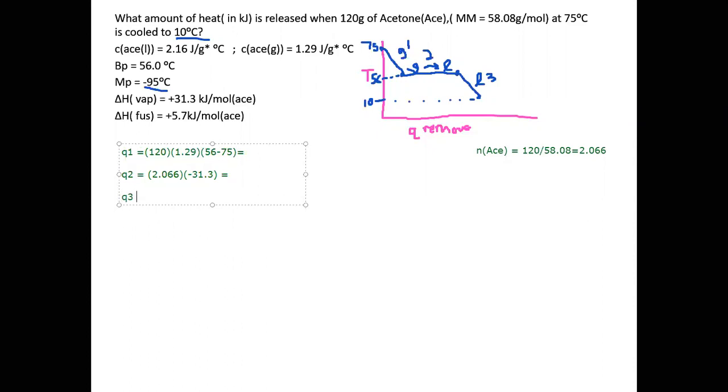And Q3 will be similar to Q1, except now we're in the liquid state. So we use the specific heat of the liquid and the temperature change of the liquid. And again, it's final minus initial.